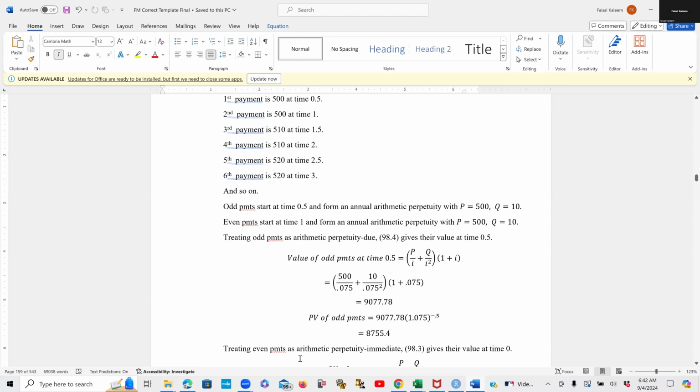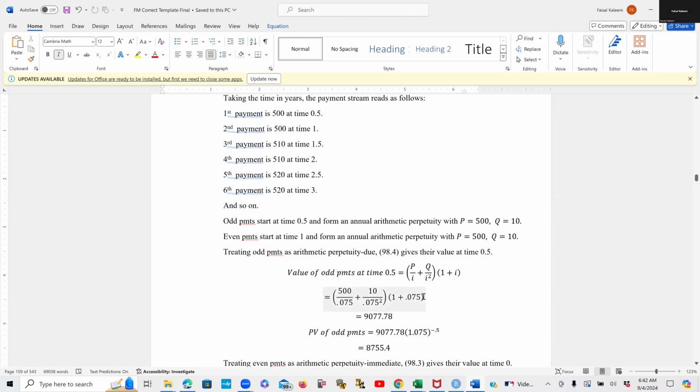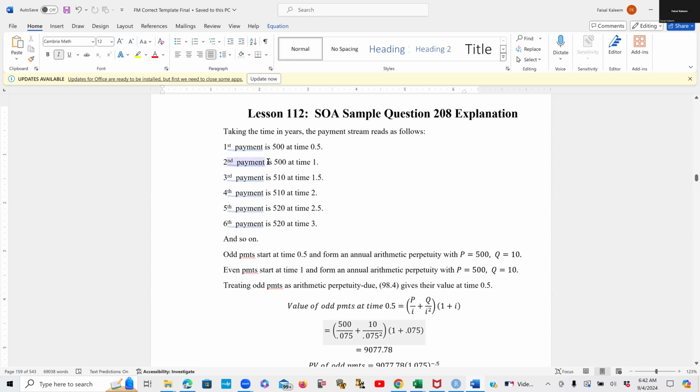Now we can treat the even payments as a perpetuity immediate. That would be convenient, because the first even payment is happening at time 1, the second at time 2, the third at time 3. So these are annual payments. If the first payment happens at time 1 and we use the perpetuity immediate formula, then we know that it will give us the value 1 period before the first payment, that is directly at time 0.